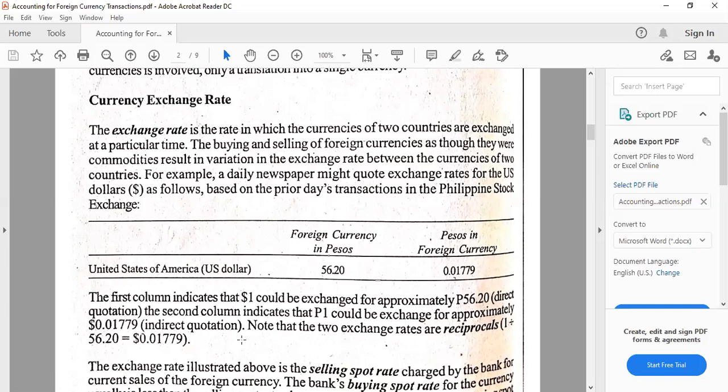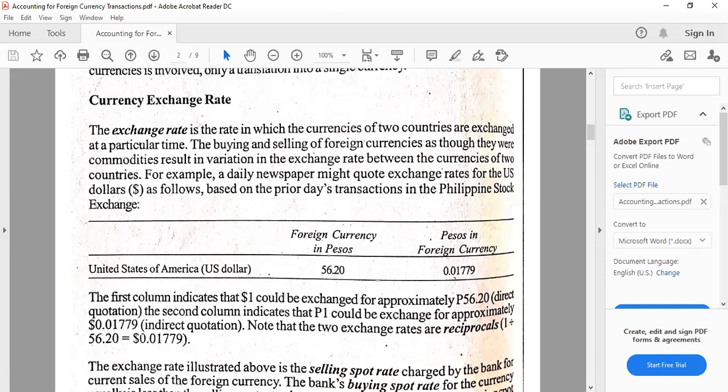US dollars actually have higher values than pesos. That's why the direct quotation would show that one foreign currency unit is equal to more units of the local currency, which shows that one currency has higher value than the other. Can you just imagine, $1 is equivalent to 56.20 pesos. That means the dollar is more powerful in that sense.